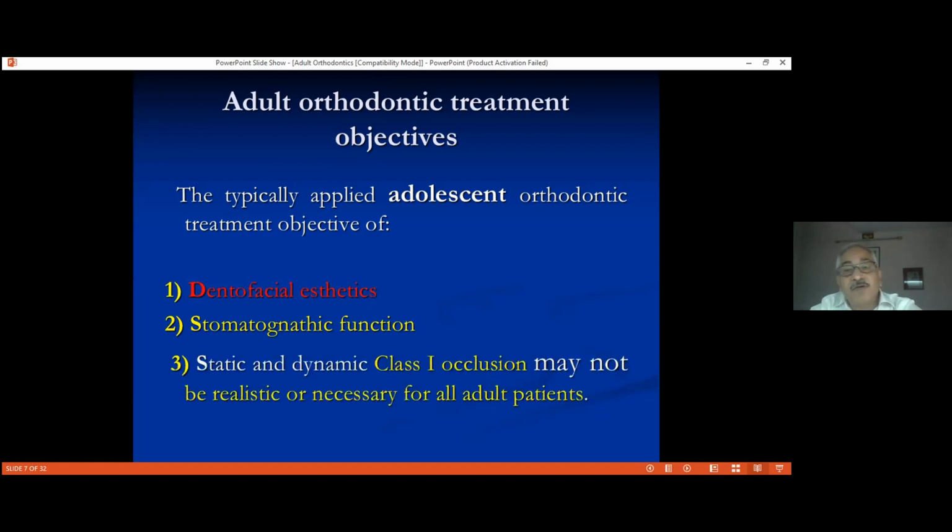static and dynamic class 1 occlusion may not be realistic or necessary in all adult patients.